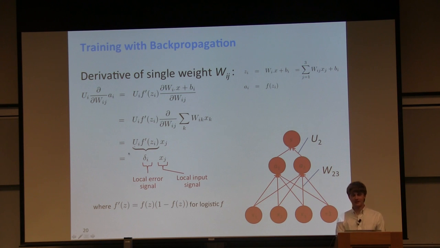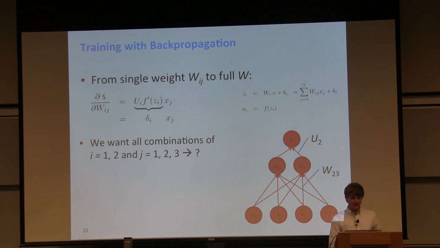So far I haven't given you any reason why we defined this term with a new special variable called delta. But it becomes apparent when we realize that instead of computing a single weight, ideally we'll compute the derivatives for all the different wij's.